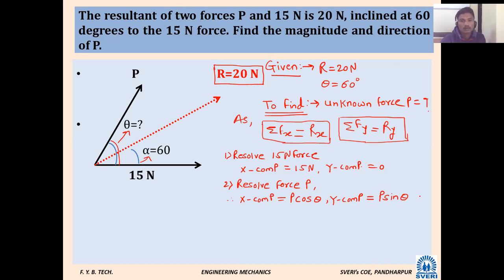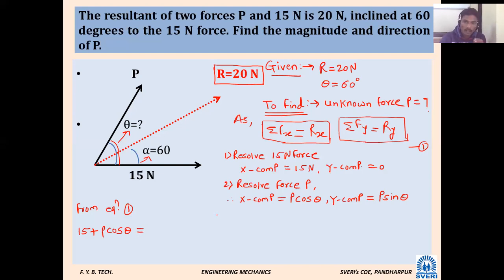Okay. Now I will give here equation numbers 1 and 2. From equation 1, summation Fx. What will be the summation Fx? We have to add the x components. So for the 15 Newton force, the x component is 15, plus for this force P, the x component is P cos theta. It should be equal to what?